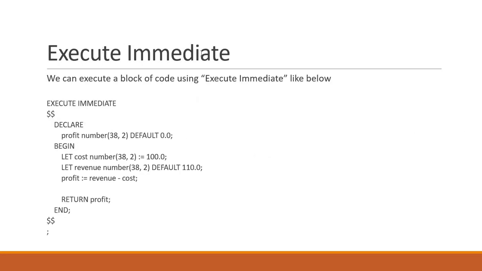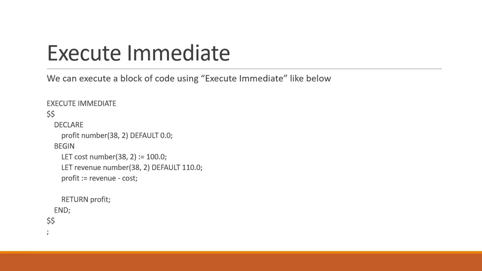So what is execute immediate? We can execute a block of code using execute immediate like below. Suppose I am writing a big stored procedure, but I want to test it in some blocks. I cannot write an entire 100 lines or 200 lines program and test it at once, right? So I cannot create the procedure every time and test it.